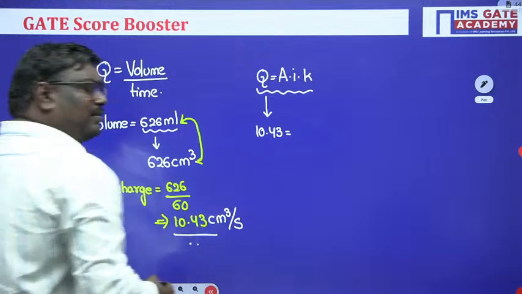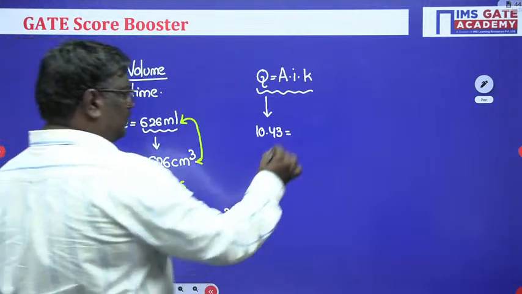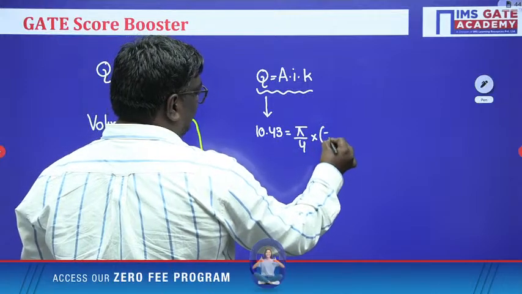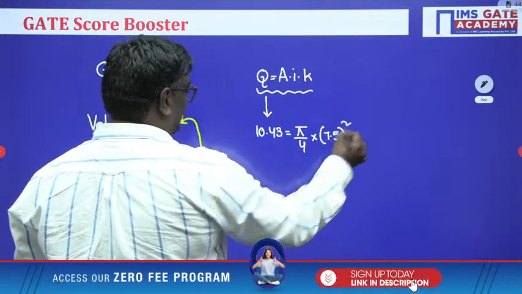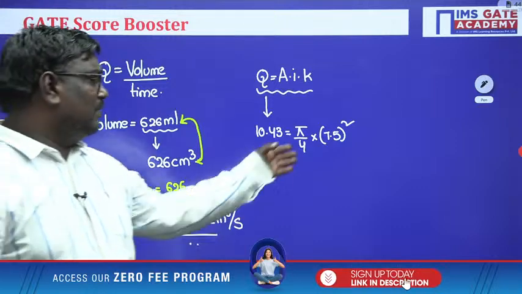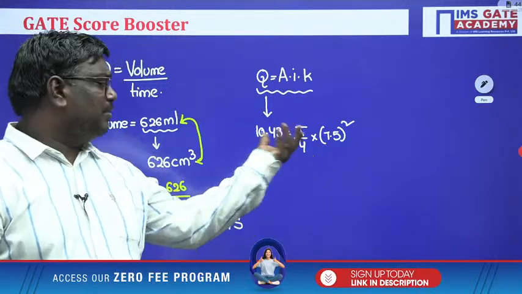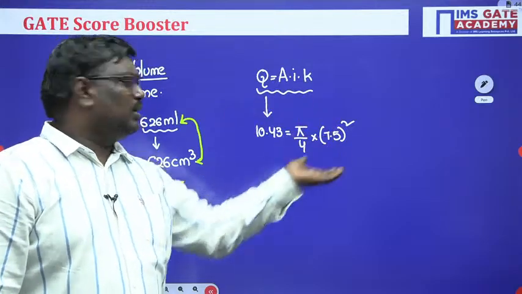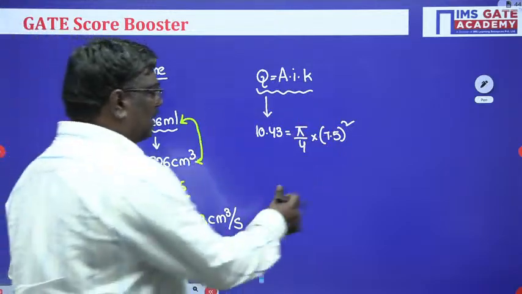The area we have is pi by 4 into 7.5 square. 7.5 square means 56.25, divided by 4 times pi, it will be around 44, roughly.